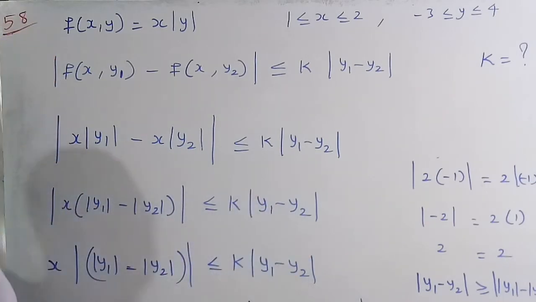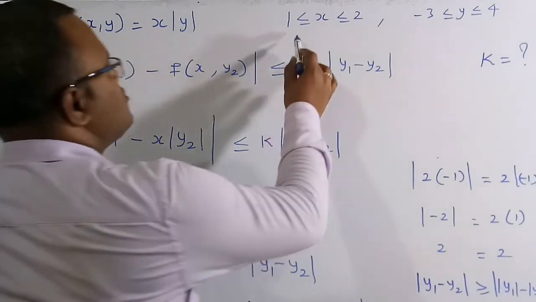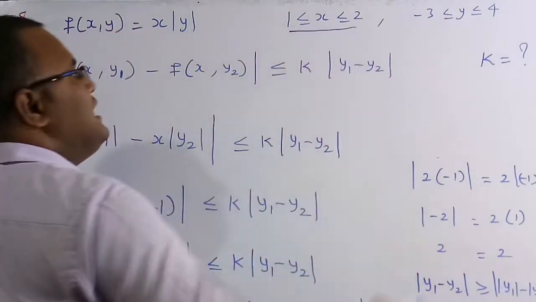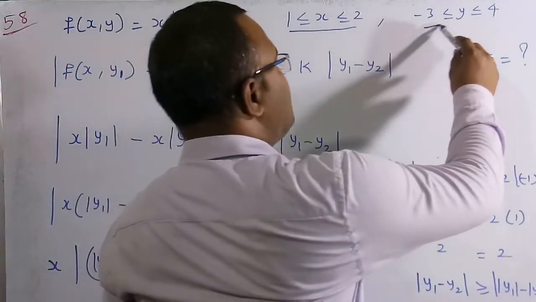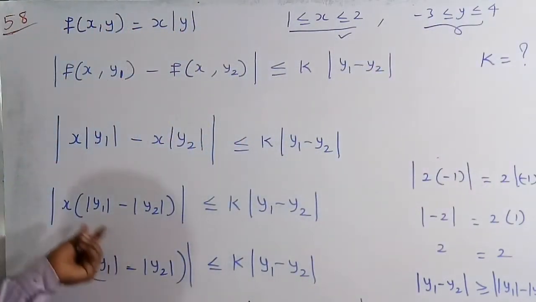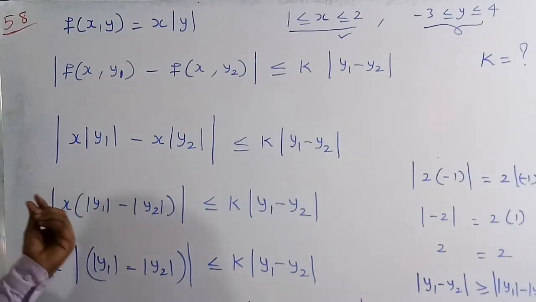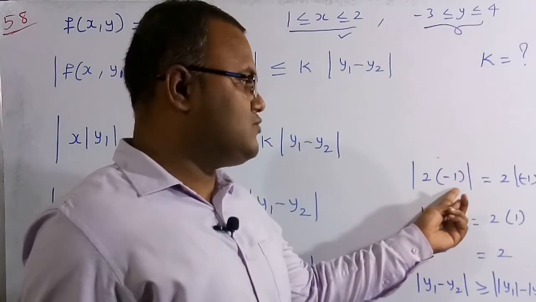Here, the value of x is always positive, it lies from 1 to 2, whereas y can be positive or negative. Whenever it is a positive value, we can take it outside the modulus. A small example: the modulus of 2 times minus 1.